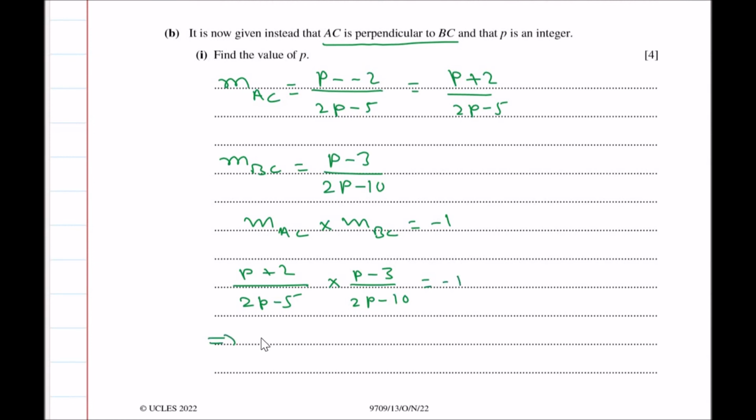So this we can write (p plus 2) into (p minus 3) is equal to -1 times (2p minus 5) into (2p minus 10).